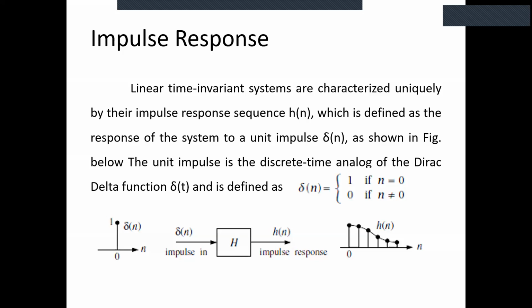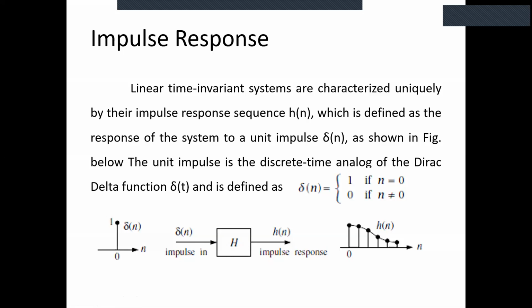Starting with the linear system, as you know, when we talk about a linear time invariant system, every system will be characterized by the impulse response. Look at this figure. Here we have h, which is the impulse response of the system. How are we going to measure the impulse response of the system?